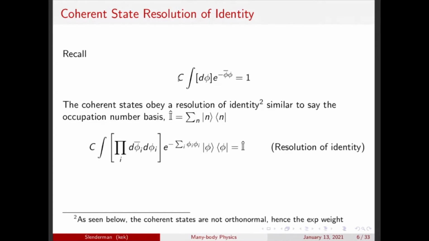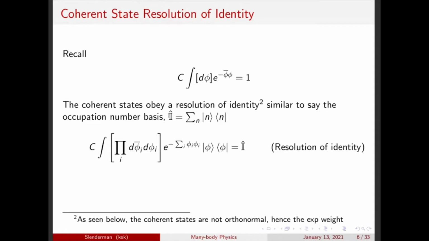Similarly to this identity, the coherent states that I was just talking about also have what you may know as a resolution of identity. The identity operator can be written in many ways. You can write the identity operator using any basis you like.